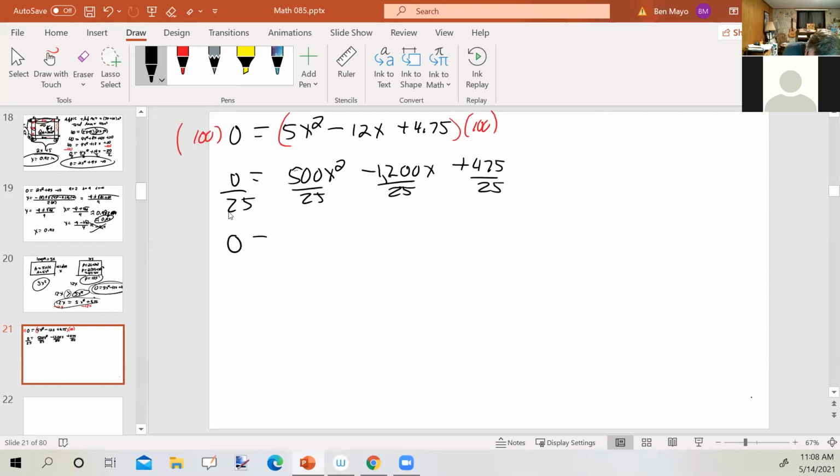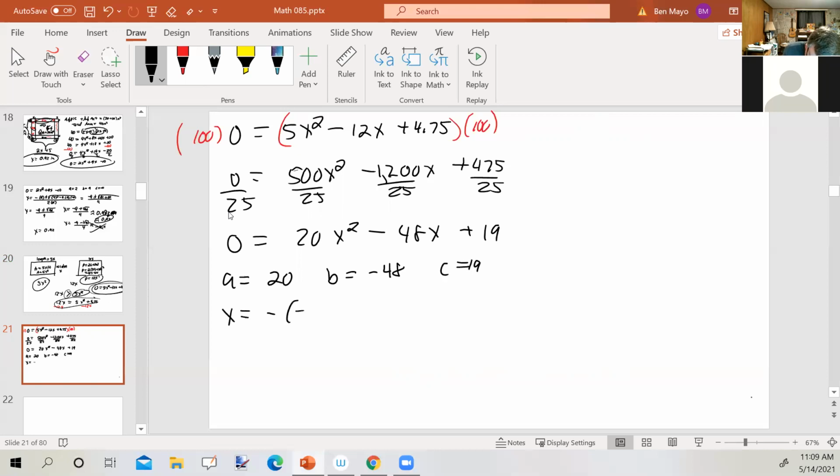And I get 0 equals, let's see, what's 500 divided by 25? 500 divided by 25 is 20x squared minus 1200 divided by 25, which is 48x, plus 475 divided by 25, 19. Okay. So A is 20, B is negative 48, and C is 19.